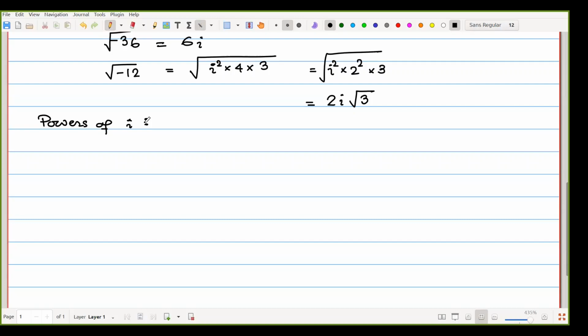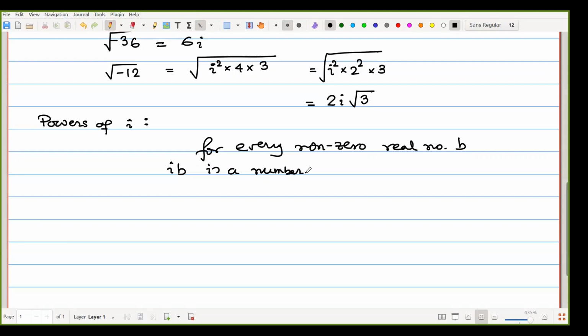So before we start, once again, for every non-zero real number, suppose that is b, that ib or 2i or 3i, like that, or bi is a number whose square is -b square.